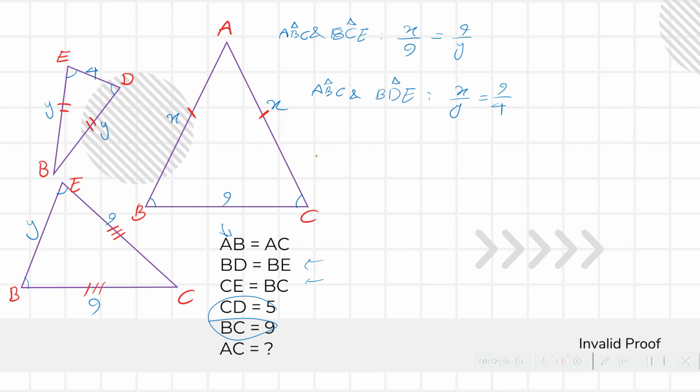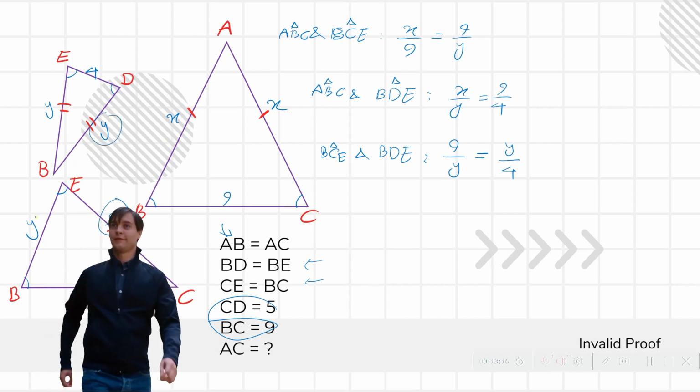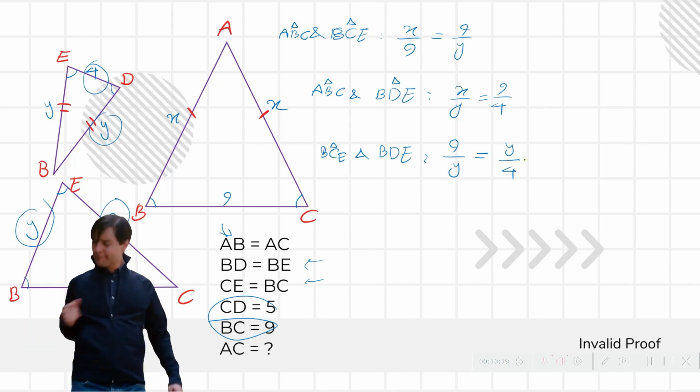And finally, for the final triangle, this time we get the middle one and a smaller one, BCE triangle and BD, right? Okay. Here, this is the best part, okay? So 9 on y equals y on 4. This 9 to this y and this y to this 4.